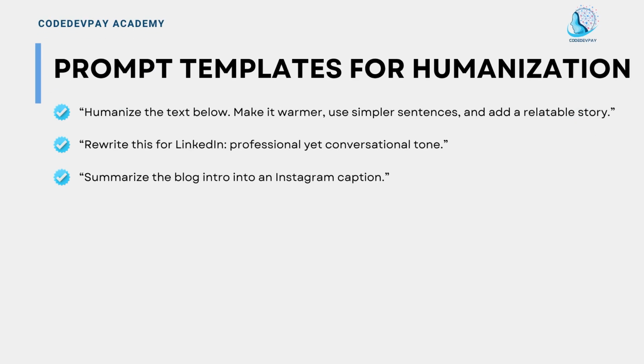So here are some prompt templates for humanization. So let's copy these prompts, paste it into ChatGPT. We'll demonstrate all of them and see the responses that we would get.